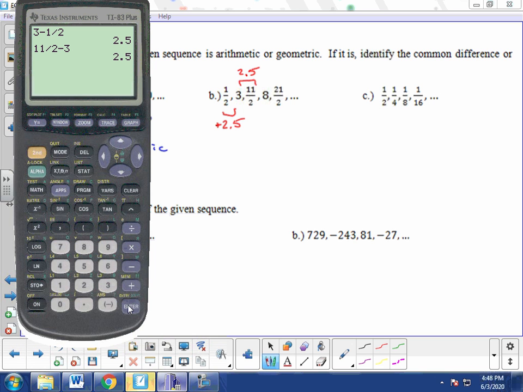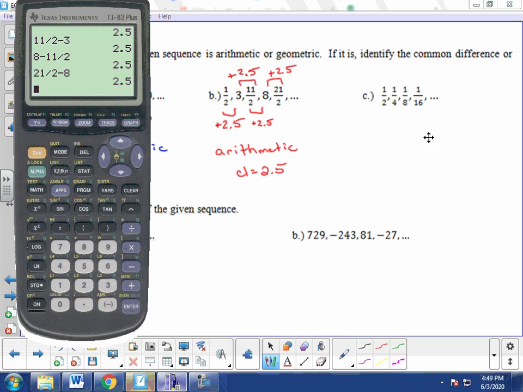If I take 8 minus 11 halves, I added 2.5 again. And then finally, if I take 21 halves minus 8, I added 2.5. So this one is also arithmetic. This one has a common difference of 2.5.